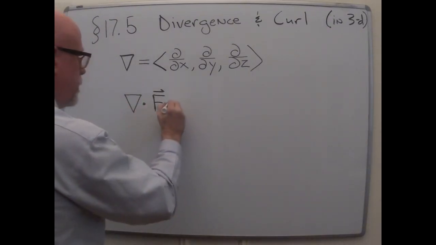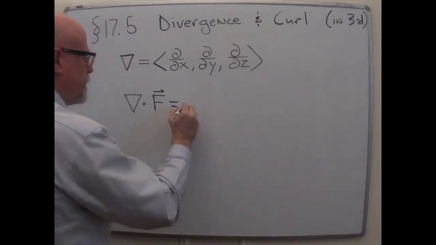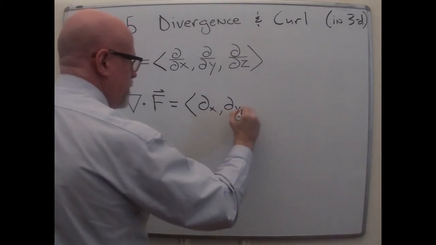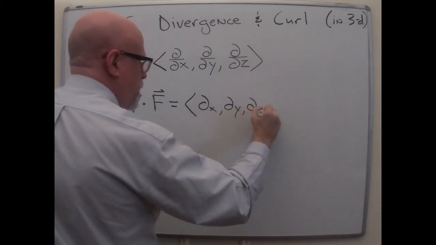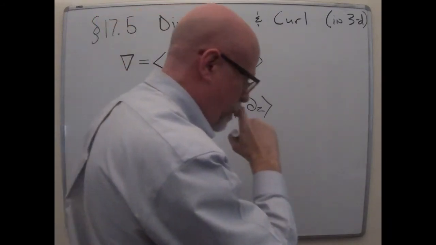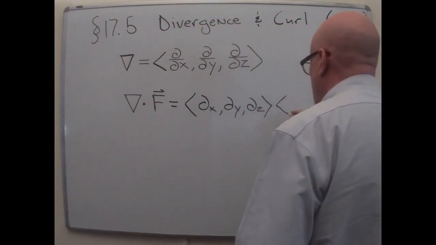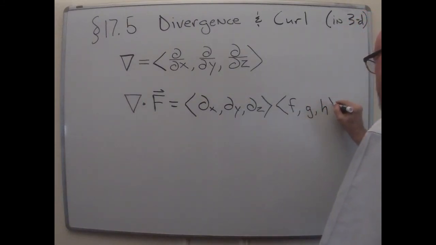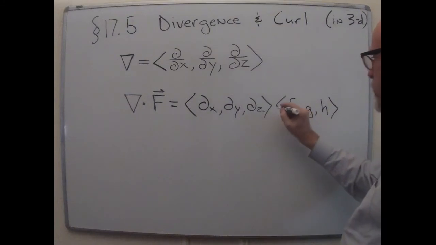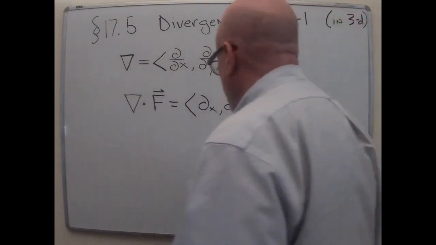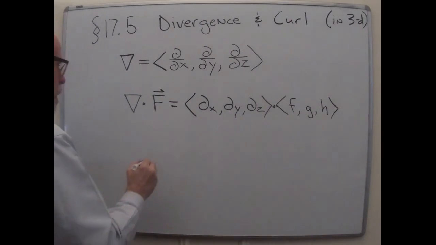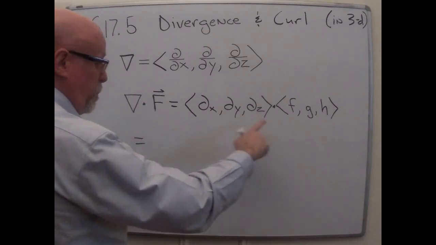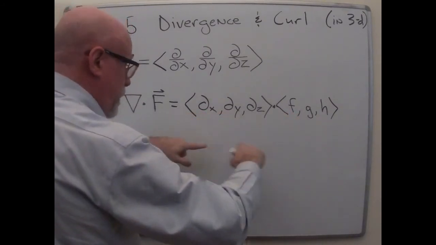What does it mean? Well, the del operator is a vector with partial differentiation operators in it. And F, well, typically we write F as having these component functions, f, g, and h. And I'm dotting those things. So when you do the dot product, you multiply corresponding things and add them up.